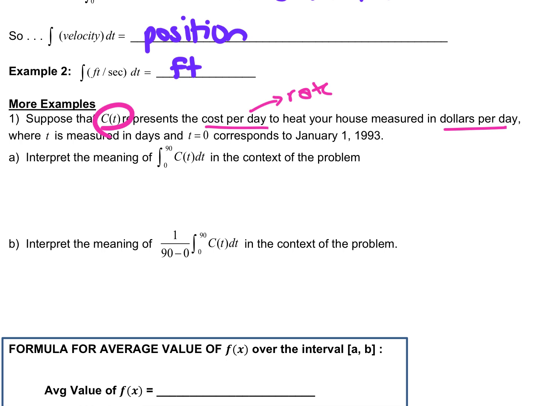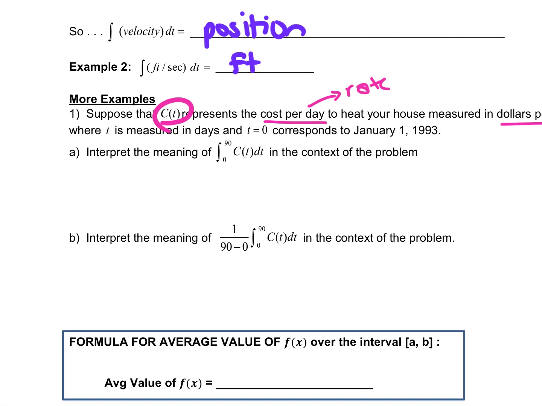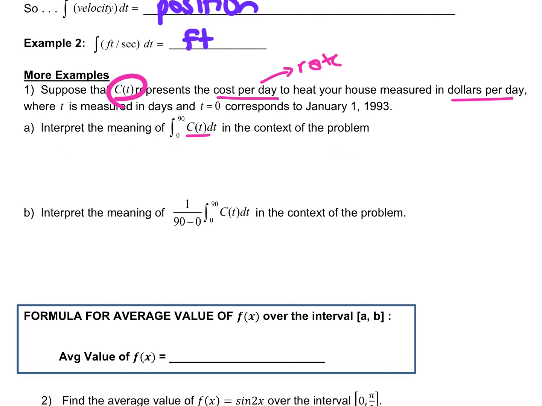Oh, look, we're looking at old stuff here. So interpret the meaning of the integral from 0 to 90 of c of t dt in the context of the problem. We just said if you integrate this, which is a rate, what are you going to get back out? The cost, which is being measured in dollars.